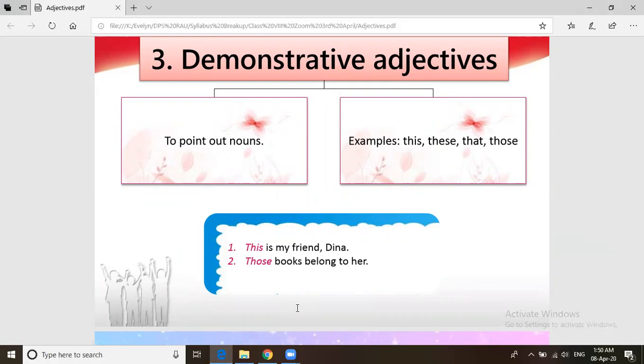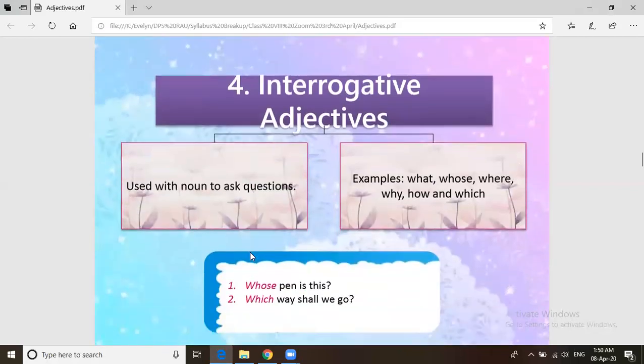That and those are used to describe things which are away from you. That is used for singular, those is used for plurals. Examples are: this is my friend Dina, those books belong to her. So this and those are demonstrative adjectives.